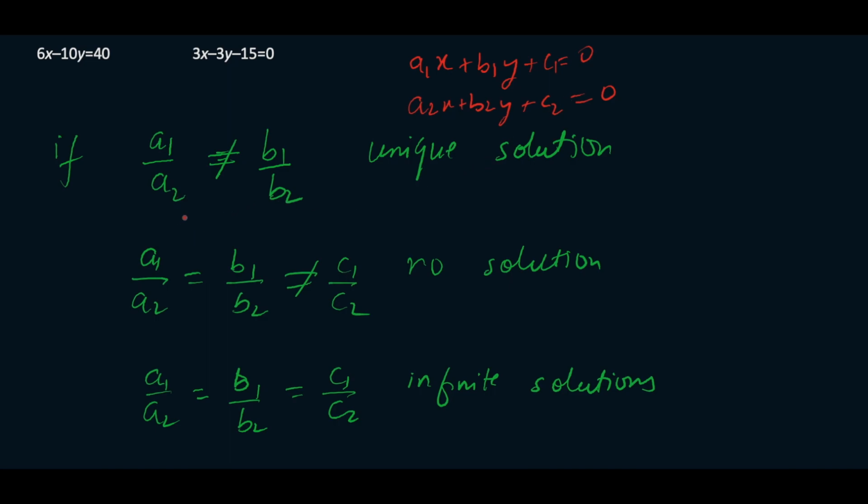Now if a1 by a2 is not equals to b1 by b2, then it gives us a unique solution. If the ratio a1 by a2 is equals to b1 by b2 but it is not equal to c1 by c2, we have a condition for no solution. And if a1 by a2 is equals to b1 by b2 and is equals to c1 by c2, we have infinitely many solutions. Now let us see our first question.